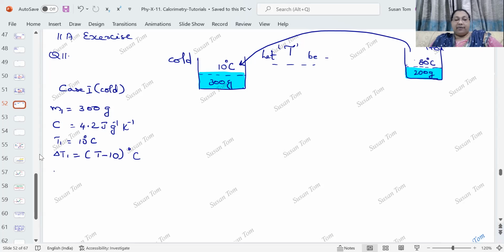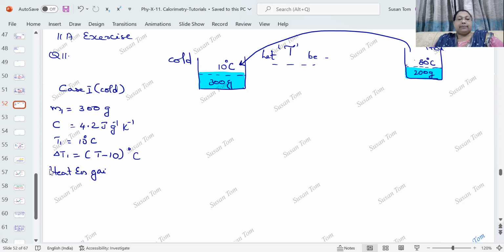Okay. And the equation, heat energy gained by the cold water's equation. Cold water, we are going to take it is Q1.